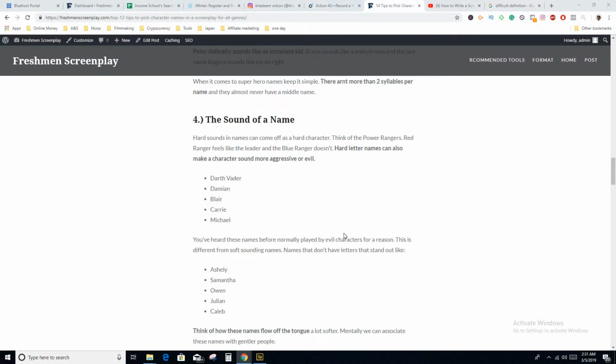Harder letter names can also make a character sound more aggressive or evil. I have these examples here: Darth Vader, Damien, Blair, Carrie, Michael. Those names have a letter within the name that stands out aggressively, right? And this can also be translated to the aggressiveness of a character.